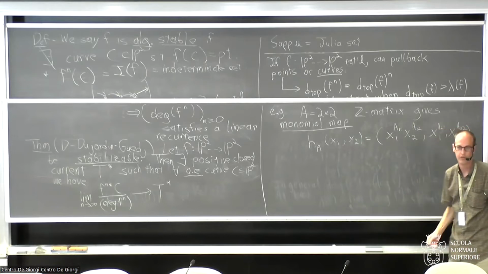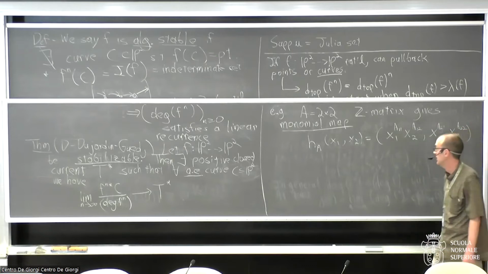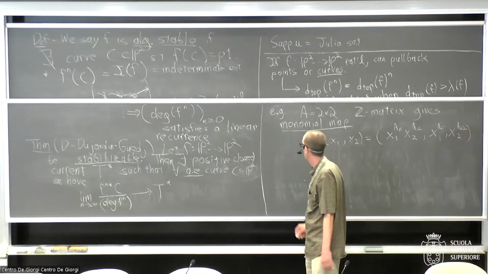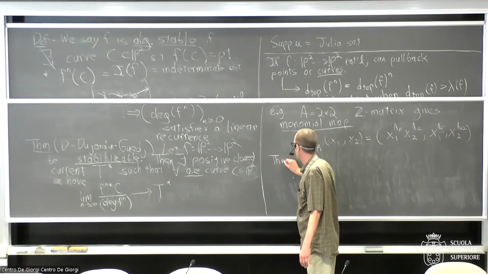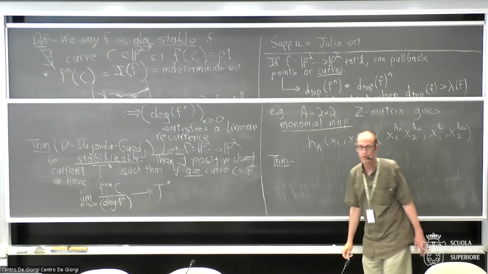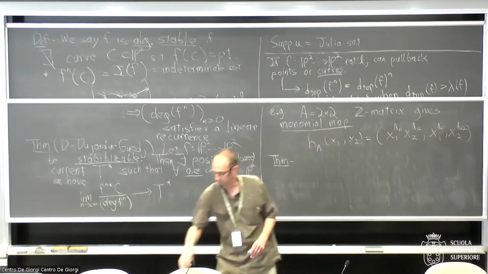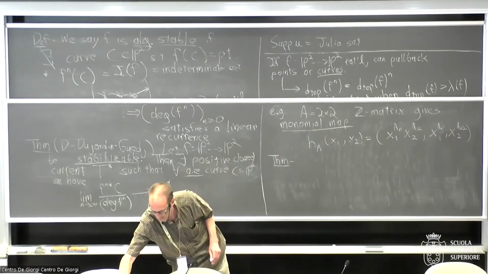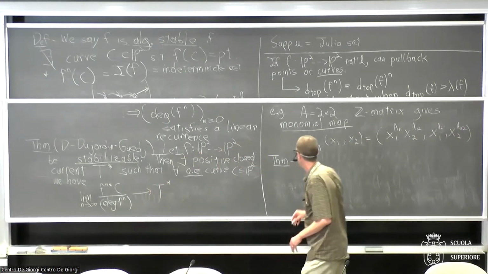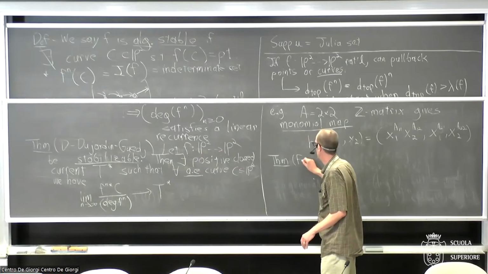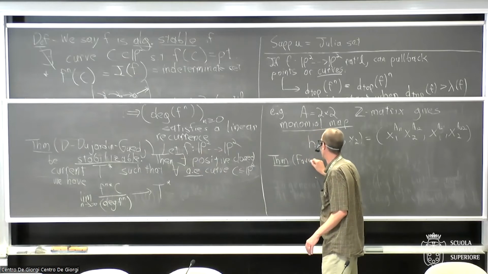Well, what could be easier than that? That first example I gave you, though, that was a monomial map, the one that was not algebraically stable. So not only do monomial maps not have to be algebraically stable, they don't even have to be stabilizable. This is an old observation of Favre.